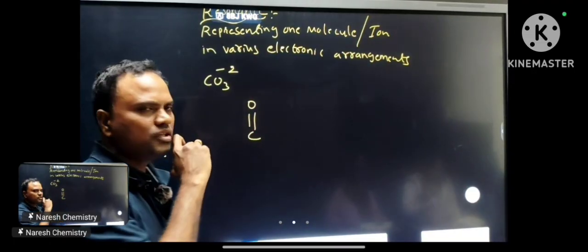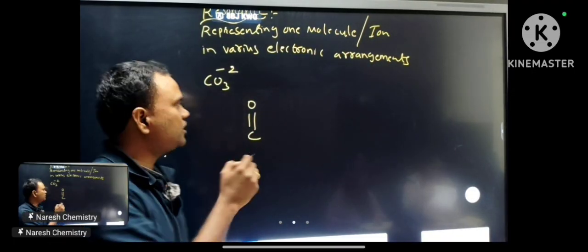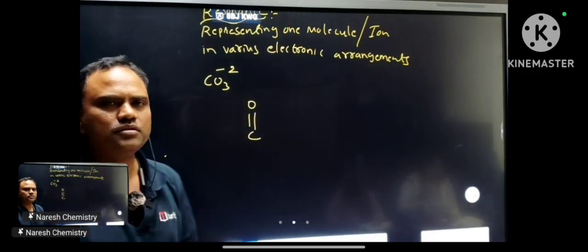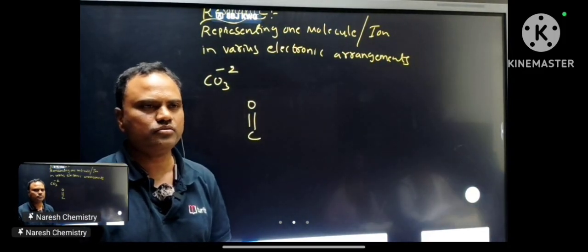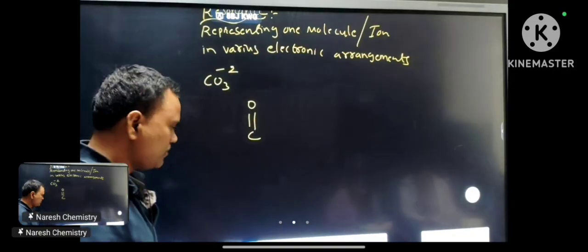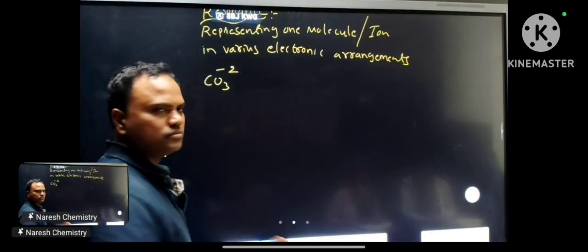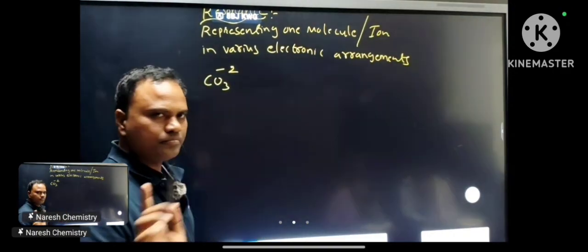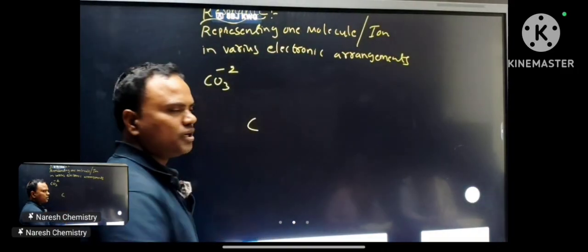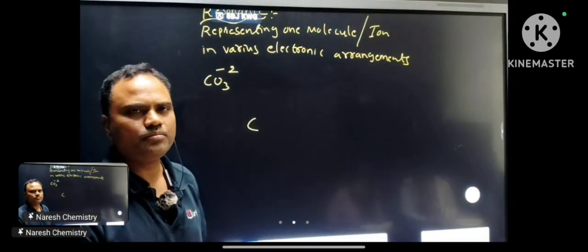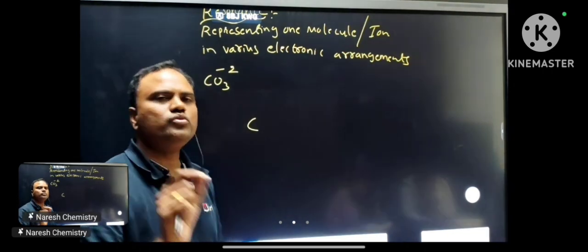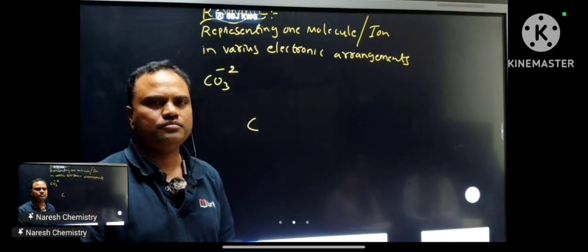Girls, if you don't know the structures of polyatomic ions like CO3 2- with charges, what you have to do? I'll tell you one trick. First write the central atom. The central atom is carbon. How to identify the central atom? The atom whose atomicity is less is the central atom.